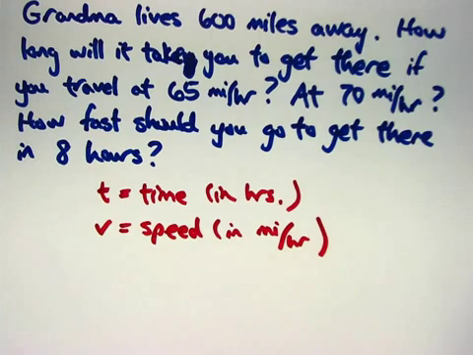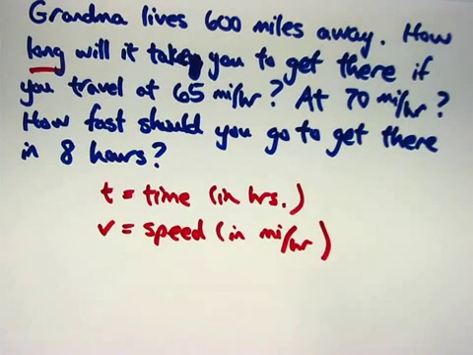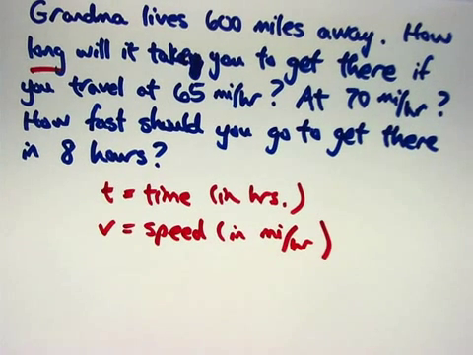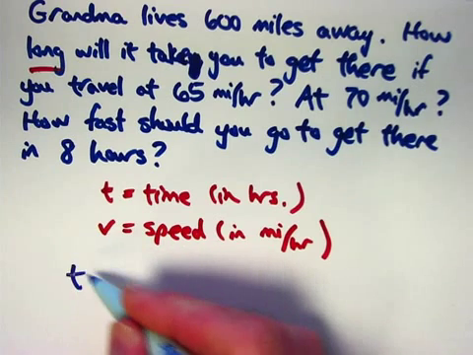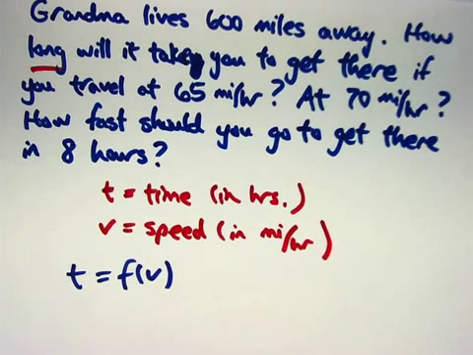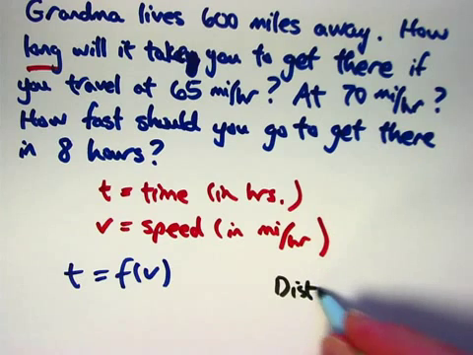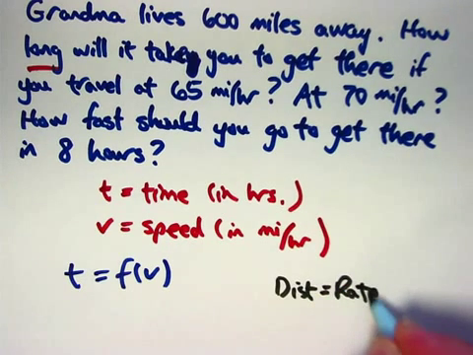To answer the first questions, we're trying to find a time. How long will it take you to get there if you travel at certain speeds? So it's probably best if we think of t as a function of v. How do you find its formula? Well, the key thing is to use the principle that at constant speeds, distance equals rate times time, or speed times time.